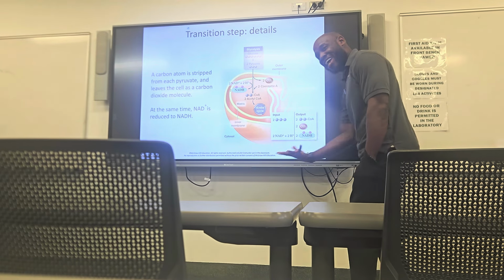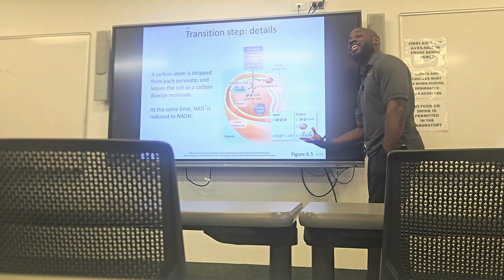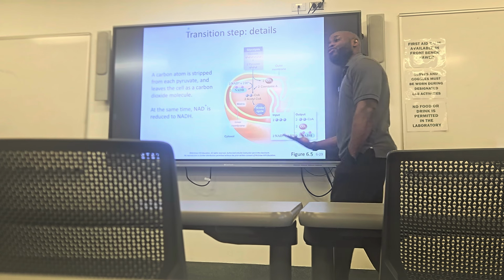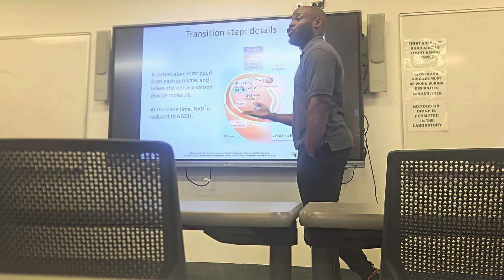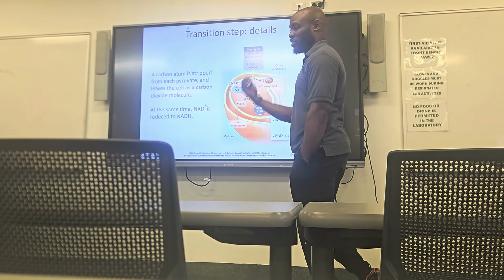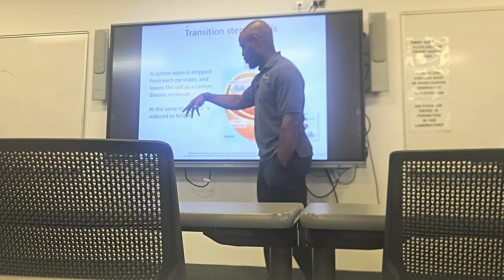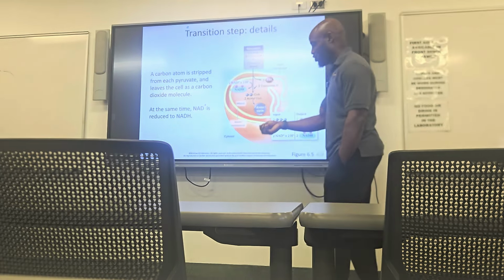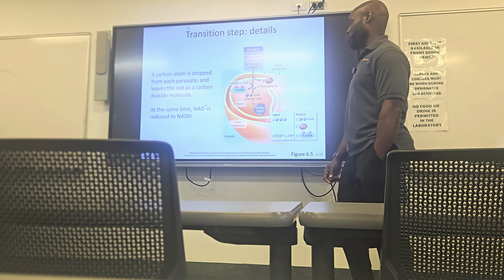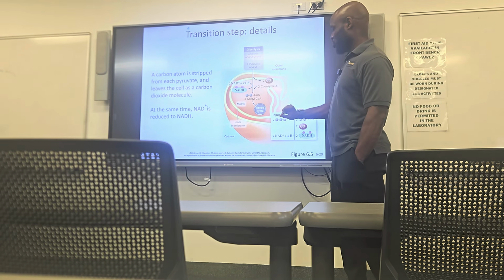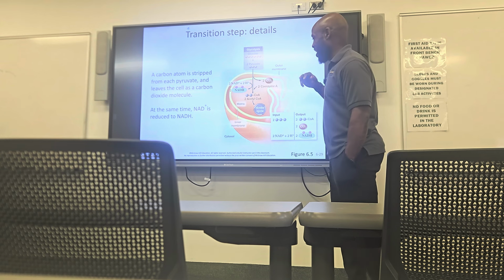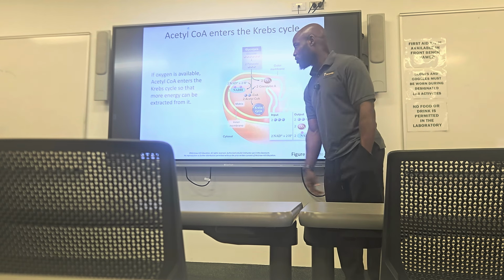Reduced means we add electrons to it. Remember, electrons have a negative charge. So if we're adding electrons to it, we're reducing the charge. So it has a positive charge, we add the hydrogen to it, the electrons, we reduce it. So we bring down the charge of it. We reduce the charge of it. All right, so we added electrons to it.